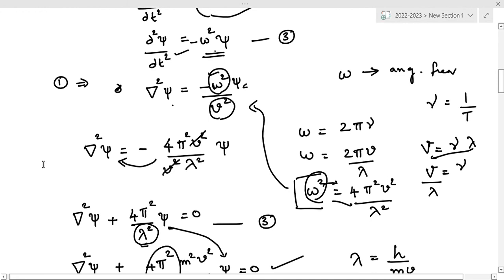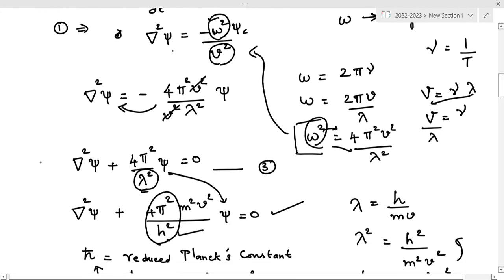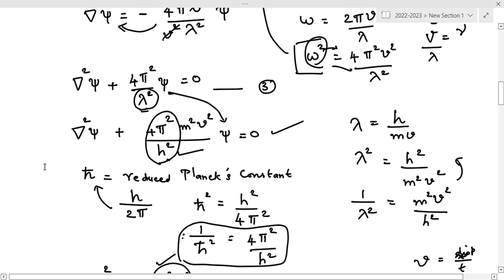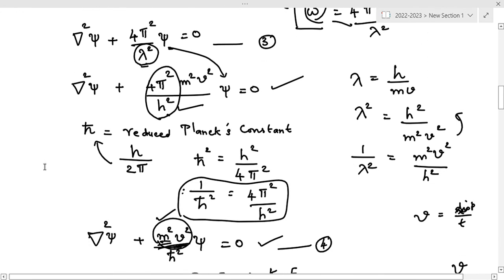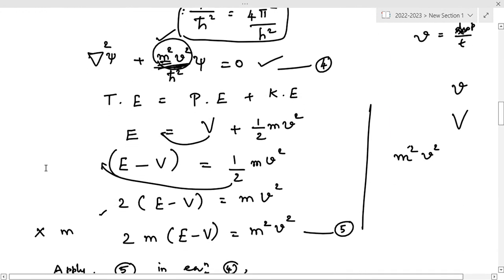Omega square is replaced by 4 pi square v square by lambda square, and then simplified it, consolidated, lambda is incorporated here, and then reduced Planck's constant is taken, and then still it has a time dependent factor called wave velocity. So it is replaced with the energy.